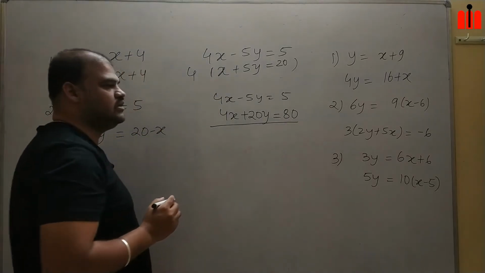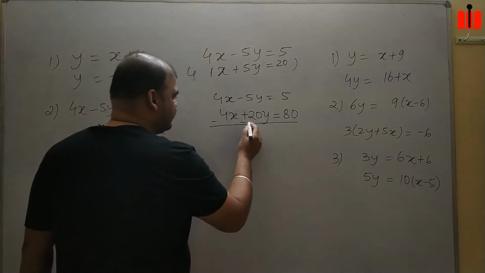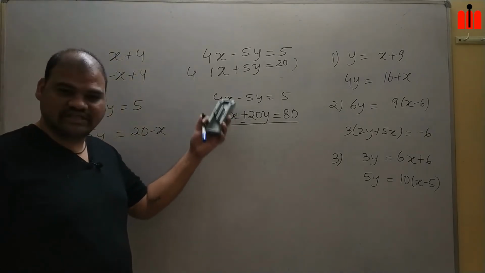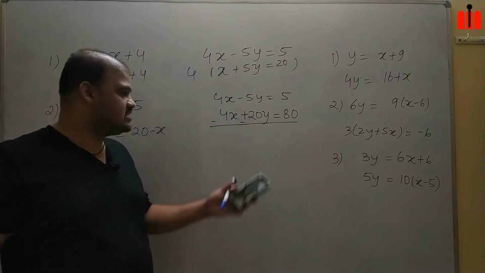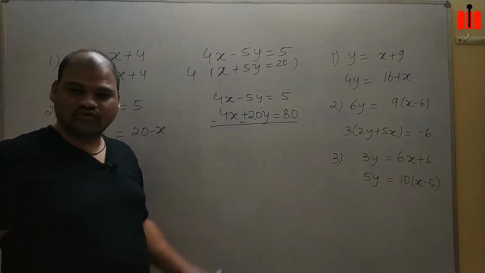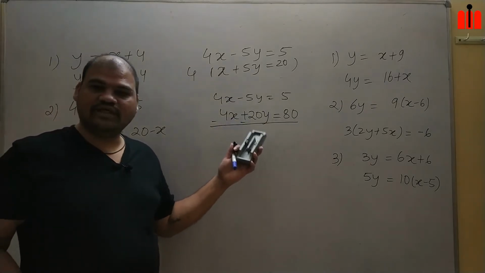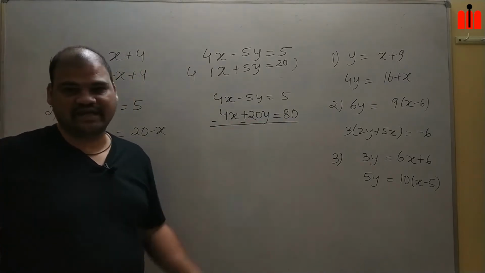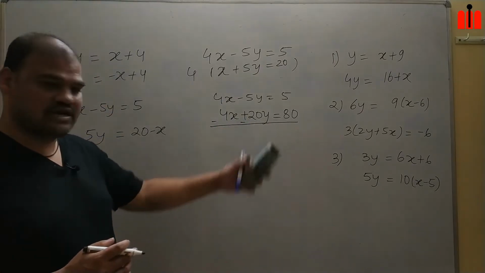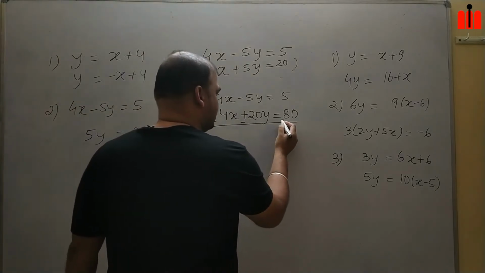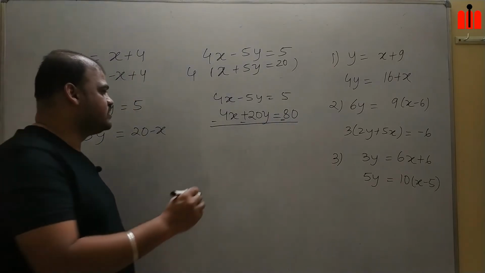Now you are doing subtraction. So here you will get minus, here you will get minus, because you are subtracting these two. So minus will be first multiplied with 4x, you will get minus. This 20y, here also you will get minus, because here positive will become negative. If it would have been negative, then it will become positive, because you are subtracting the entire second equation from the first equation. So this will also become minus, here also it will become minus 80.